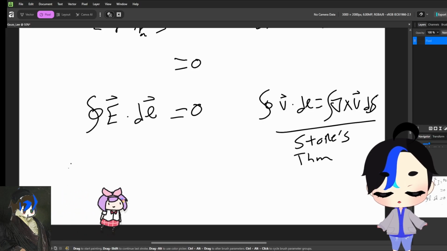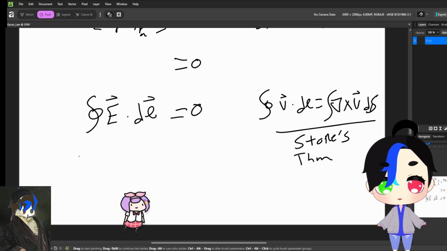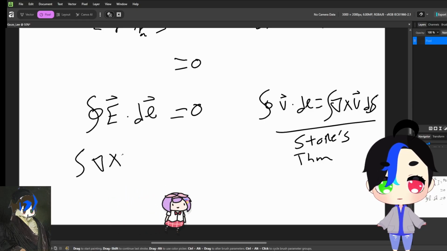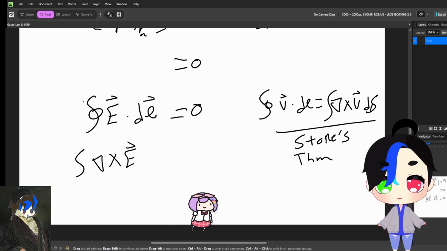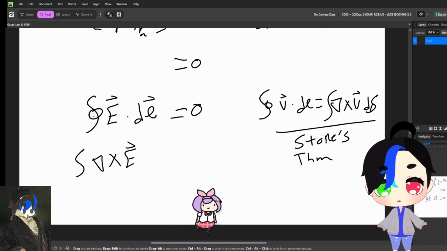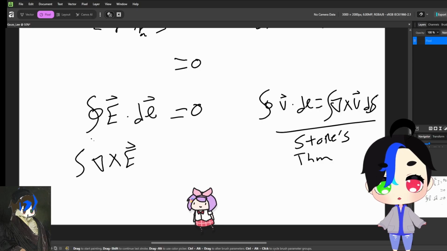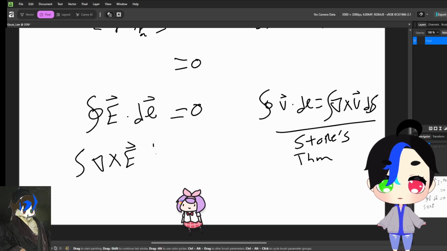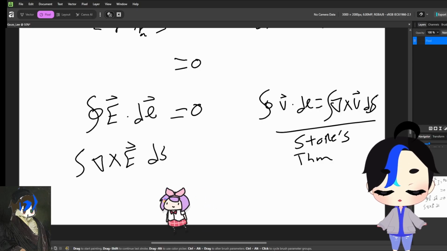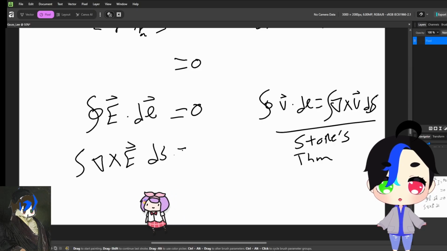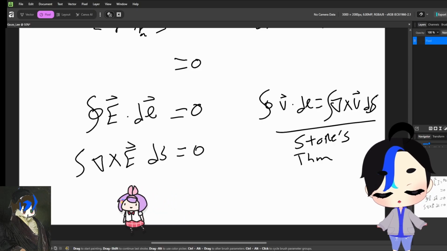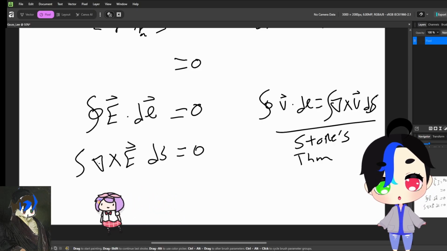If I use Stokes' theorem on the E field, this tells me that the surface integral of the curl of E, where the surface I'm integrating over is the surface defined by this closed path as the boundary, but that's not important for right now, is 0.